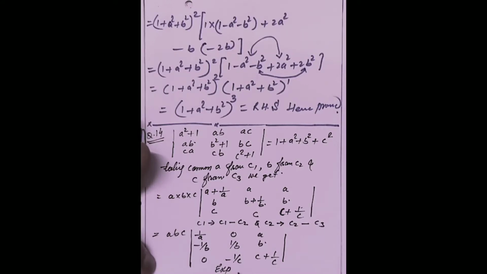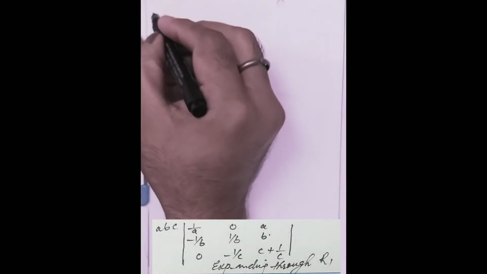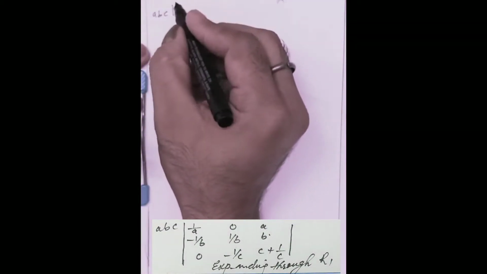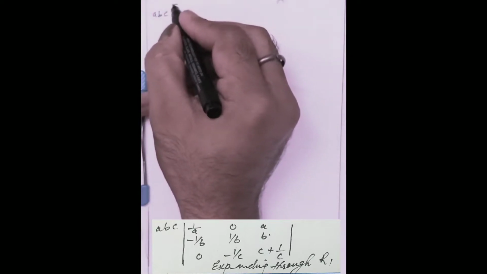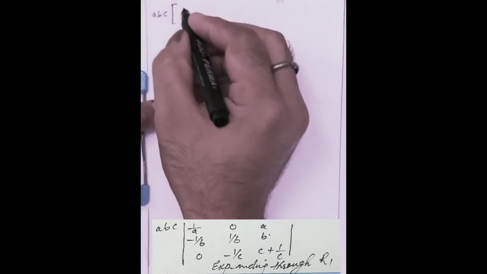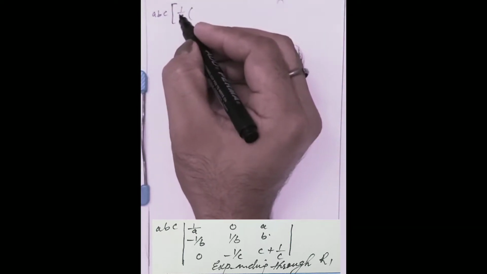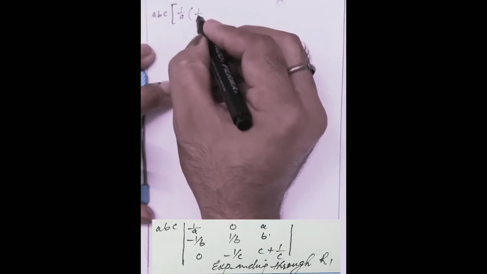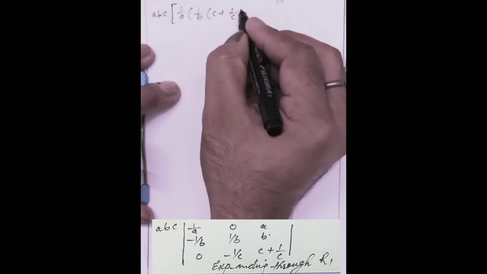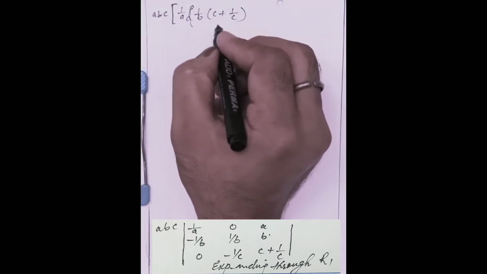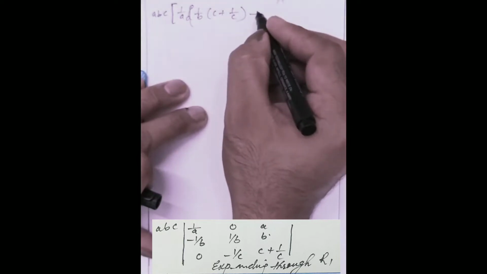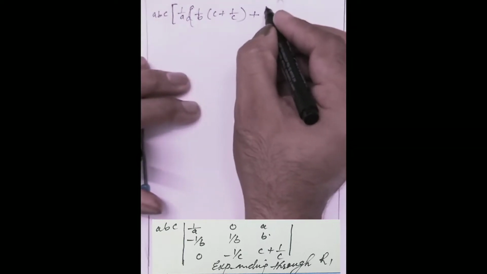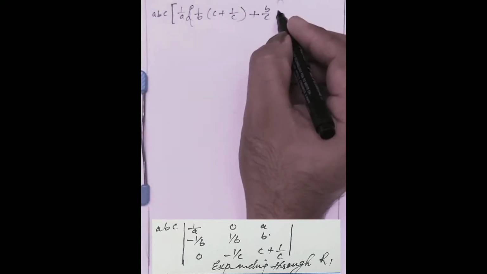So expanding through R1, a, b, c outside, and then the first factor is the first element in the first column, 1 upon a, leaving this row and column perpendicularly, so 1 upon a this way, and then we will have 1 upon b into c plus 1 upon c, and minus times minus is plus, b into 1 upon c, so b upon c. This is 1 upon a.